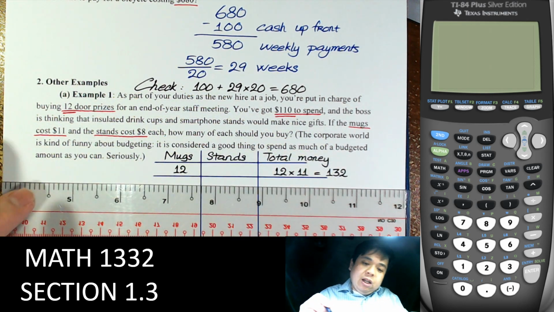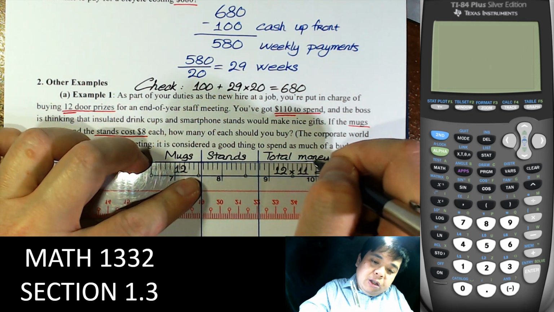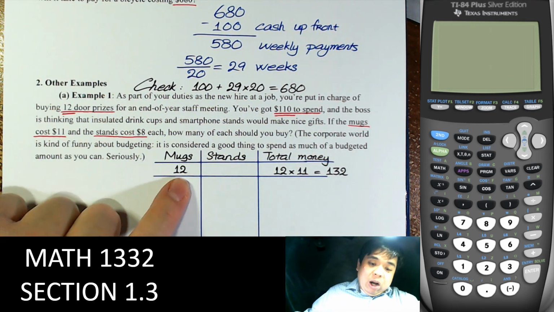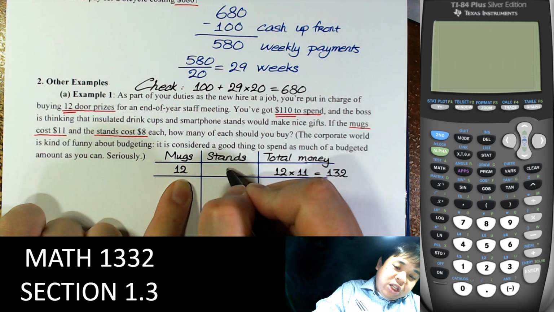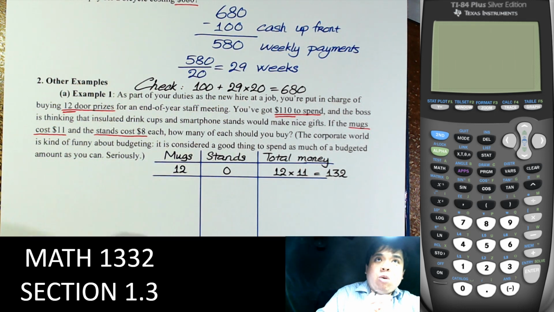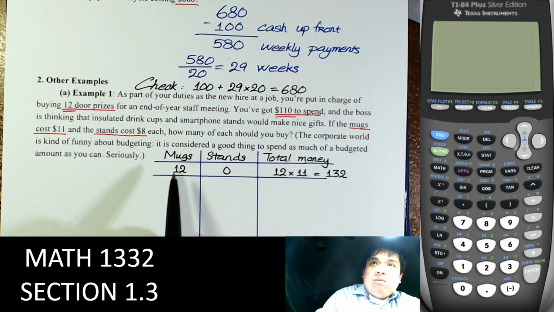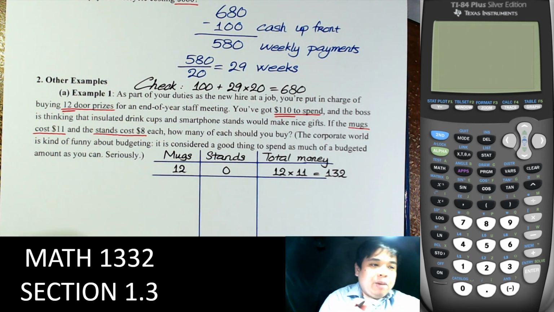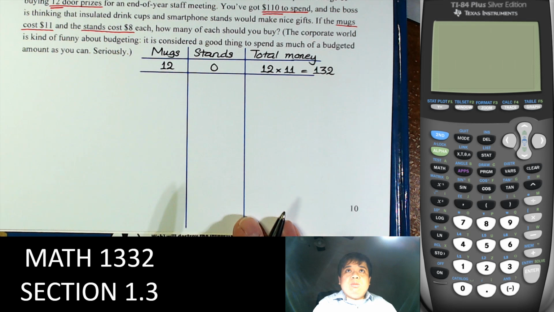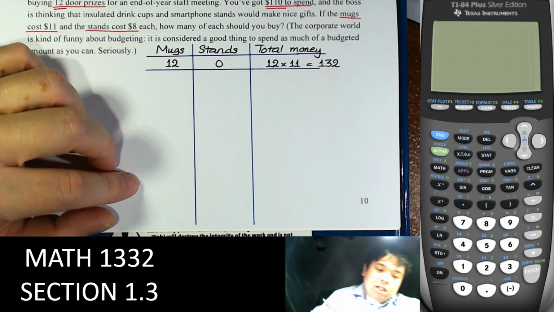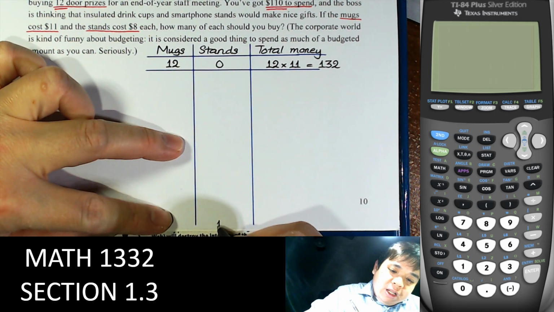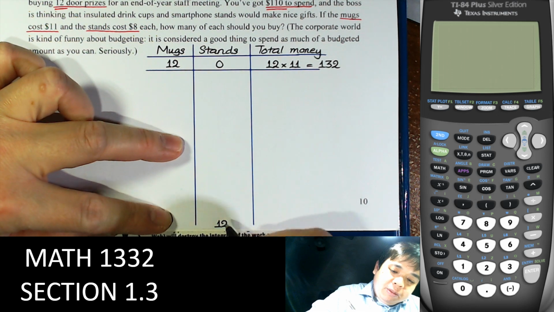By the way, if we want 12 mugs, that means there's no cell phone stand, because we need the total of 12 items. 12 mugs, no stand, the total 12 items. That makes sense.